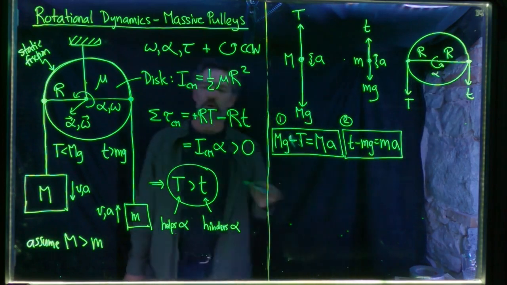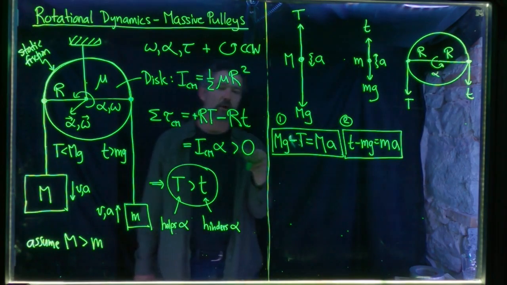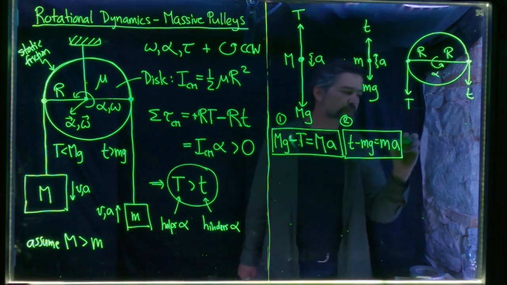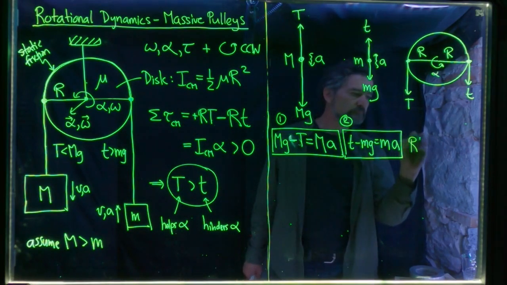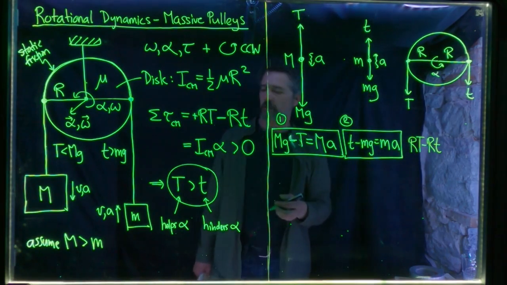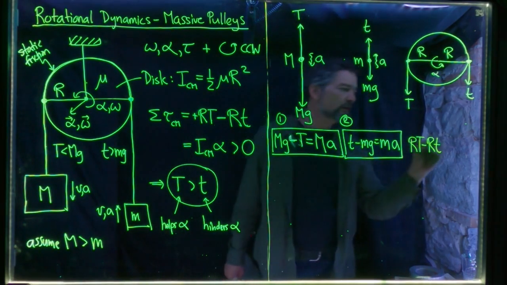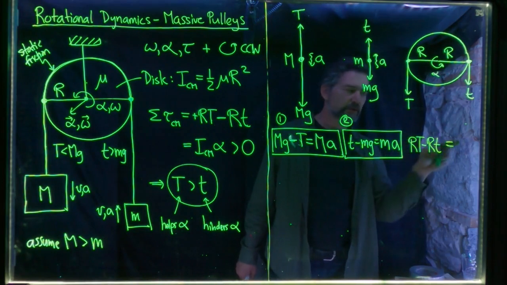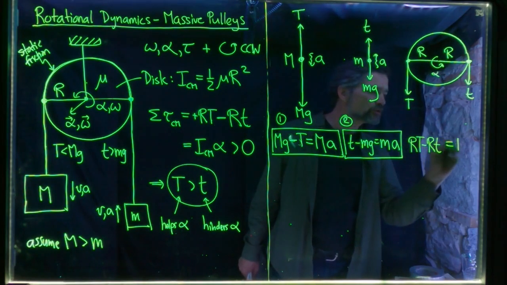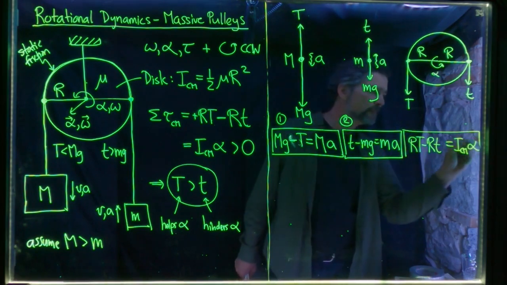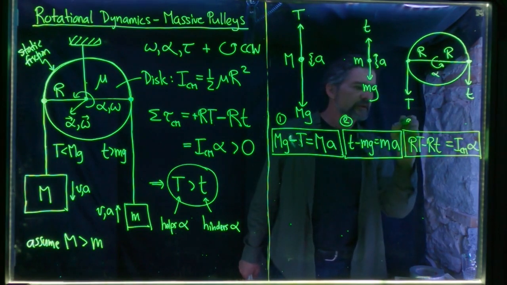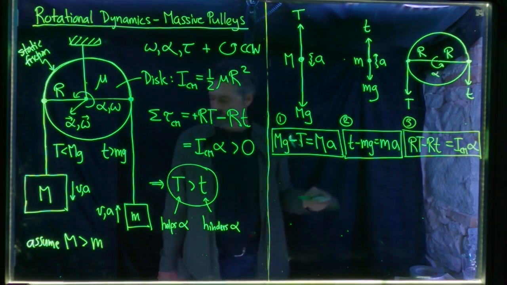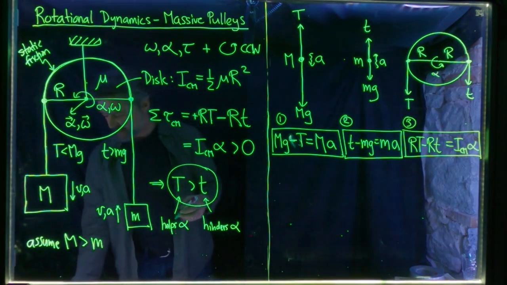So the net torque is r times capital T minus r times little t. That's the net torque in the counterclockwise direction. And we set that, like net force is mass times acceleration, net torque is moment of inertia I of the wheel times its angular acceleration alpha. Okay, and so that's equation number 3.